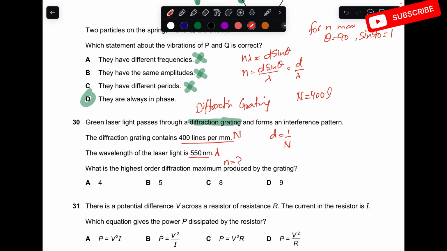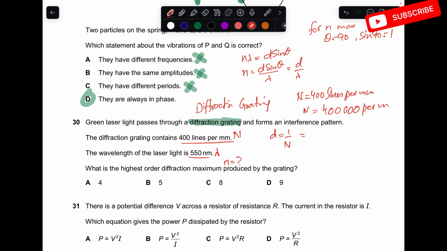If there are 400 lines per millimeter, in meters how many lines will there be? As a meter is 1,000 times greater than a millimeter, there will be 1,000 times more lines. So there will be 400,000 lines per meter simply.